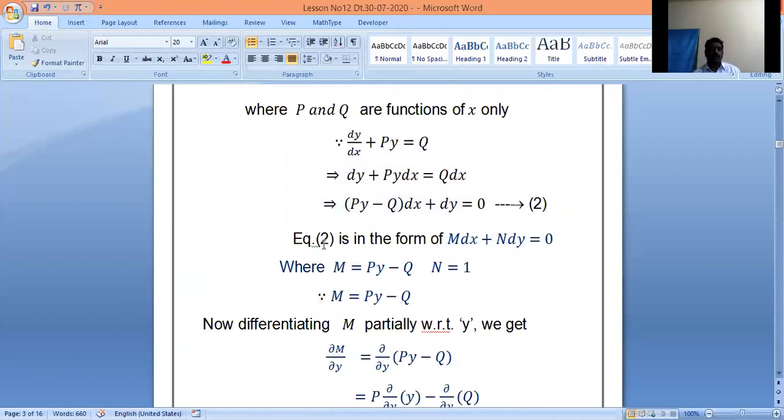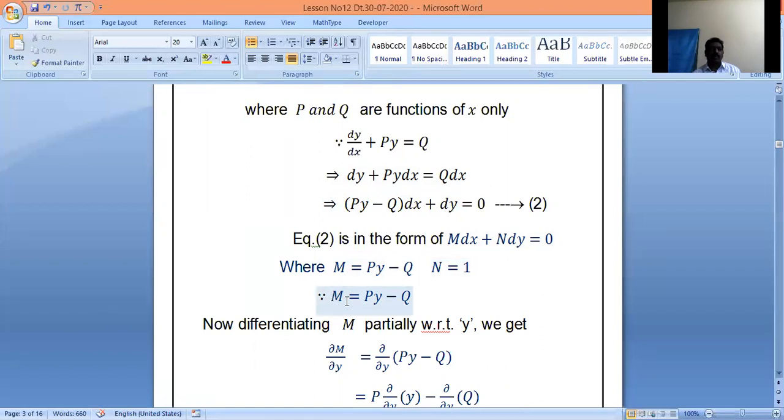Now equation 2 is in the form of M dx plus N dy is equal to 0, where M is equal to py minus q and N is equal to 1.